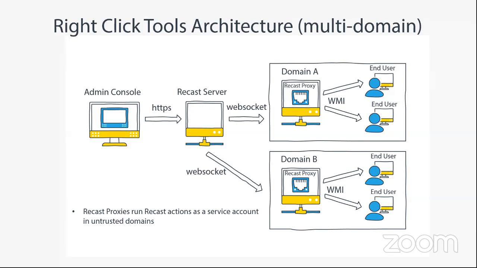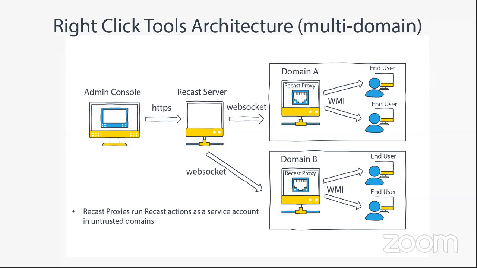Install Recast Proxy on a device in domain B and set it up with a service account in domain B that has permissions to run right-click tools in that environment. And when I say permissions to run right-click tools, I mean the end device permissions, right? Admin on remote workstations, or permissions in Active Directory to look up LAPS passwords or MBAM keys and that type of thing. So this is a little bit more involved, right?